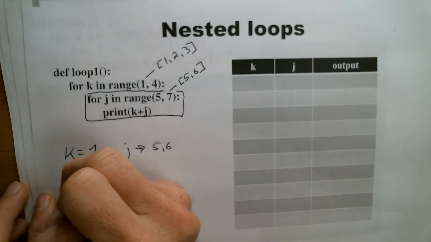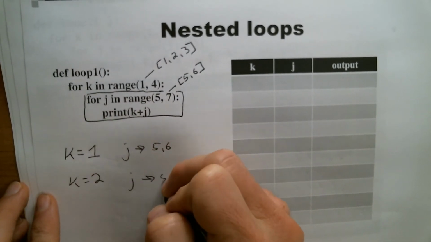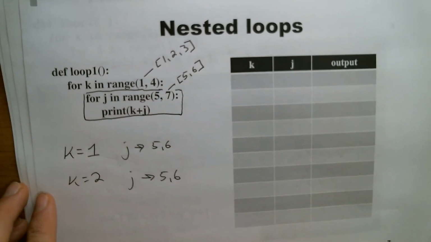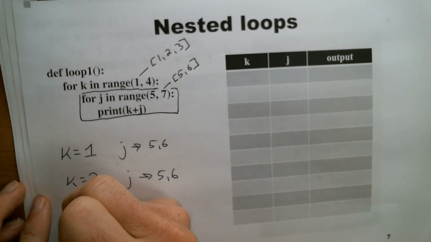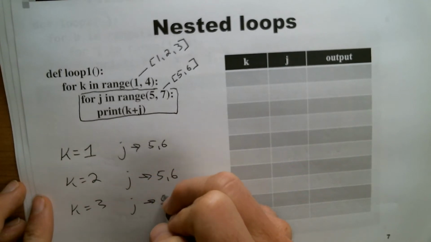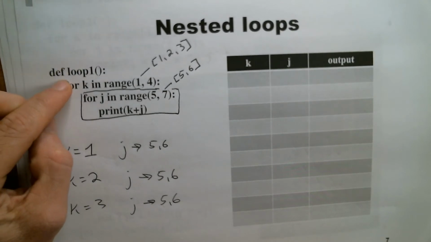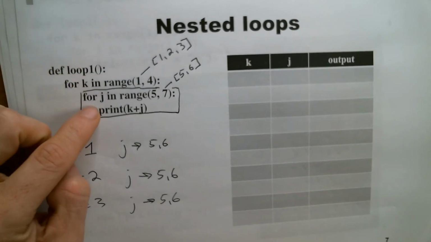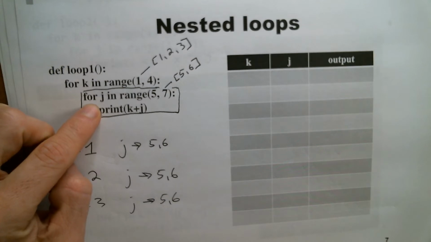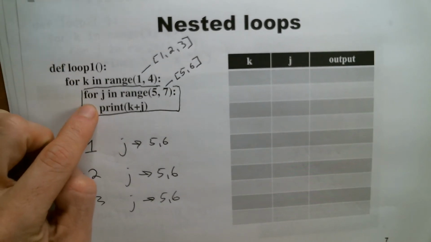When K then moves up to 2, J is going to have to do 5 and 6 again. When K goes up to 3, J is going to have to do 5 and 6 a third time. But every time this runs once, this loop has to do its entire execution. And then this loop runs again, and this loop has to do its entire execution.